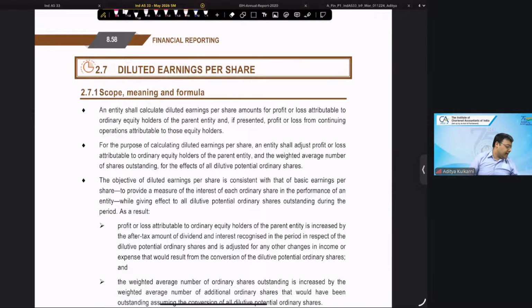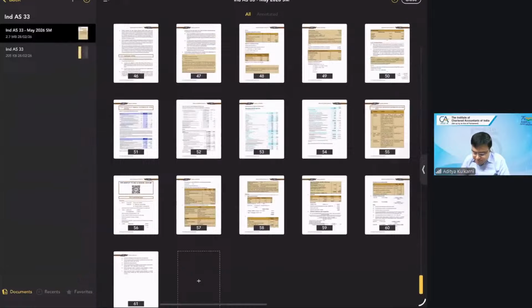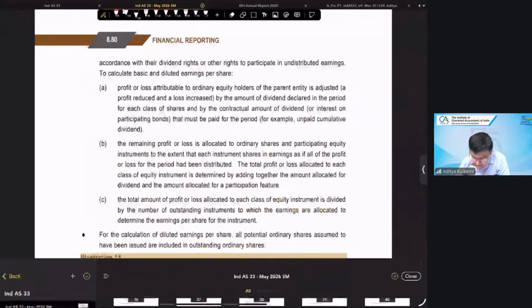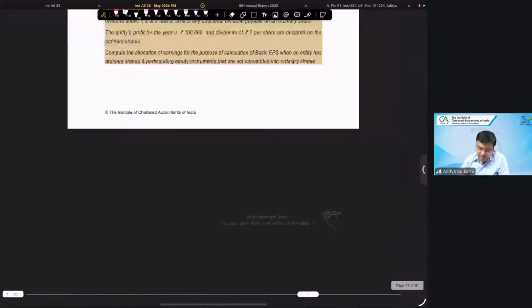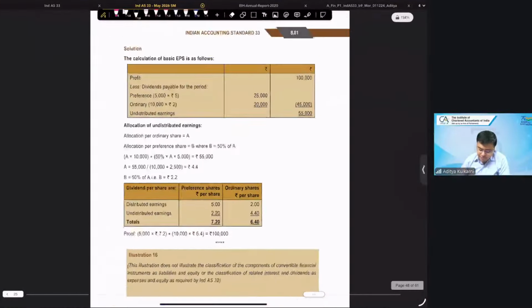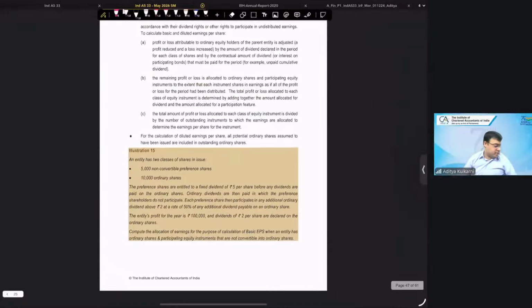We come to diluted EPS, or before that, we'll take up one more simple new concept, which is new in the sense it is for this particular Ind AS. Participating preference shares. This is an appendix to Ind AS 33. What do you mean by preference shares? Ideally, they are the shares which get some dividend. It may be cumulative, it may be non-cumulative. They get preference over equity shares at the time of distribution of assets.